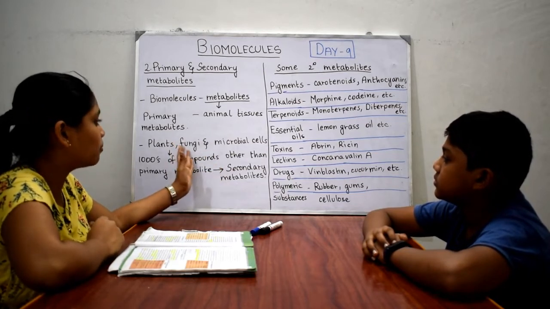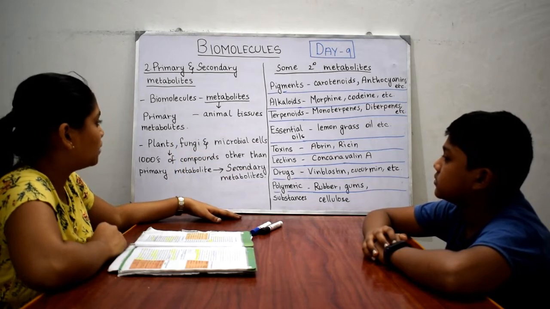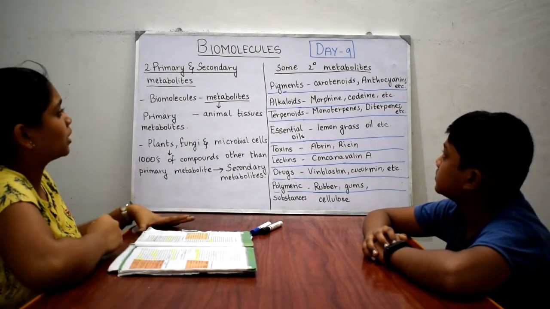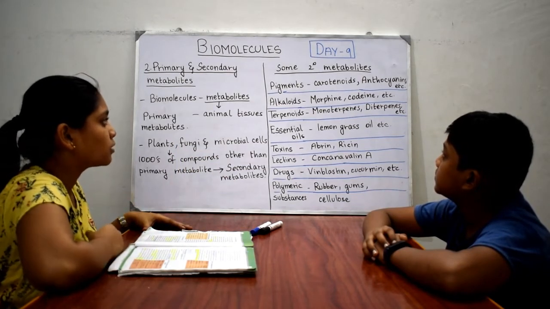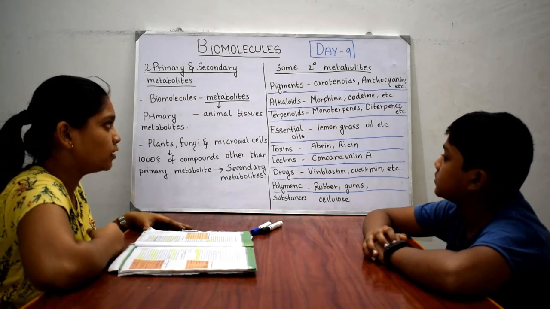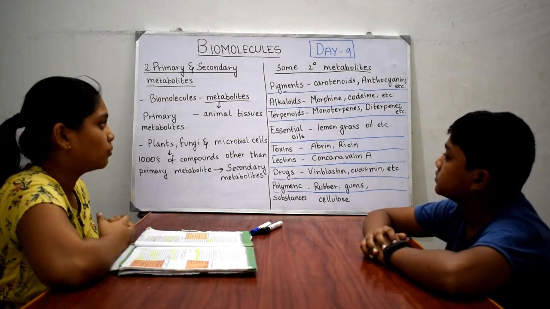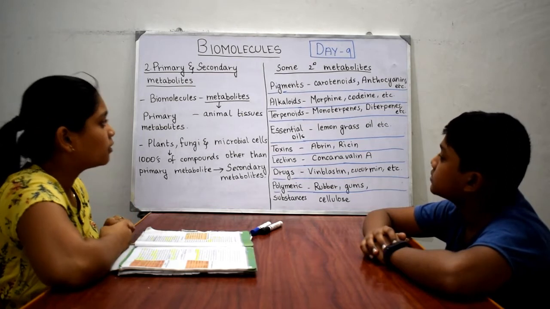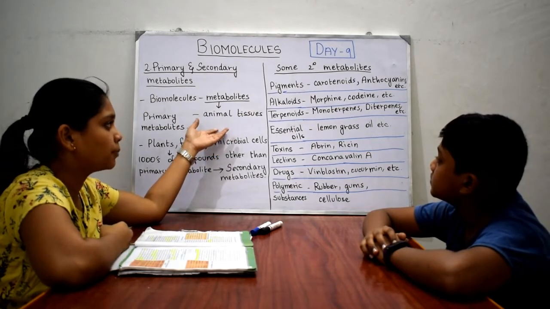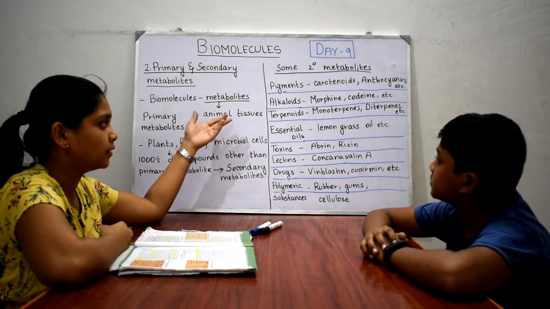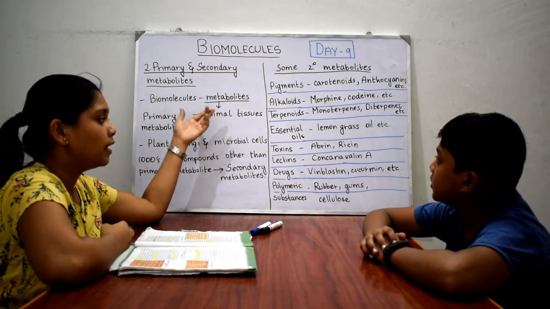So what do they produce? In plants, for example, some secondary metabolites are pigments, such as carotenoids. Alkaloids are morphine and codeine. Terpenoids are monoterpenes, diterpenes and so on.